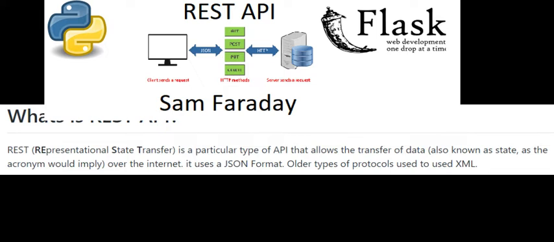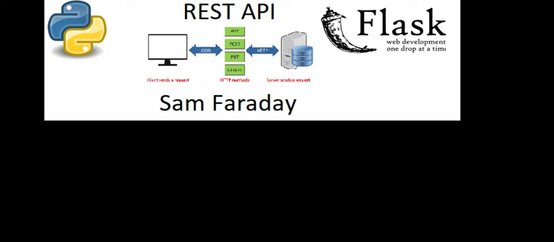Other types of protocols used to use XML. That is not the case here. JSON is much more modern and much simpler to use. As we could see, REST API is a protocol that enables two applications, for example, a computer and a data server, to exchange information. And that information can come in different types.